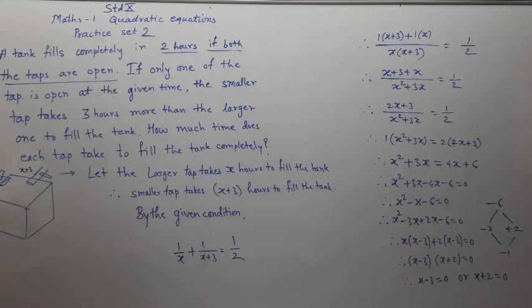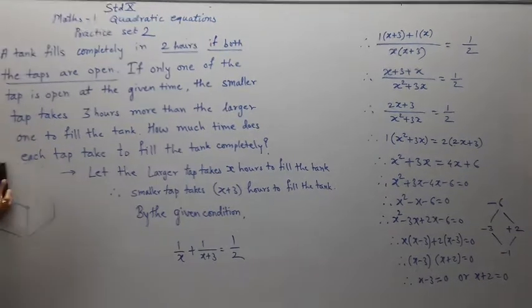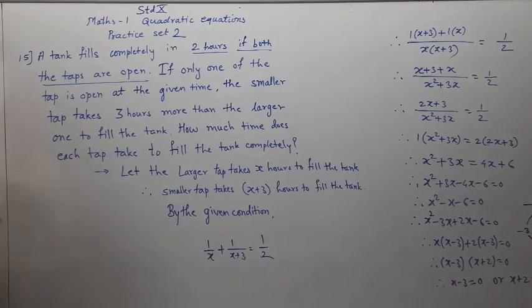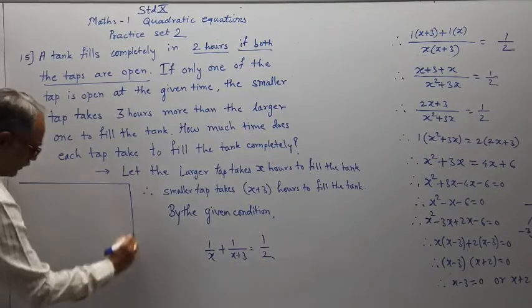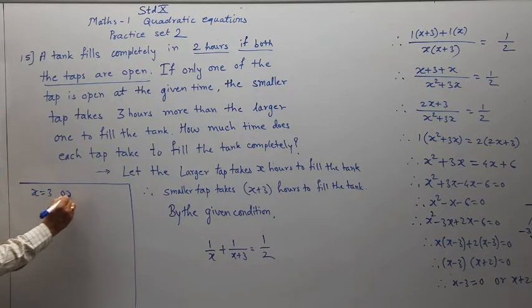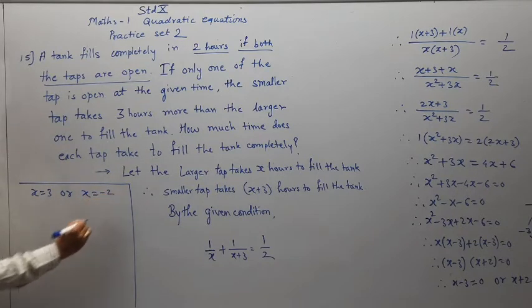The last part I will solve at this position. x minus 3 equal to 0 means x equal to 3, or x is equal to minus 2.